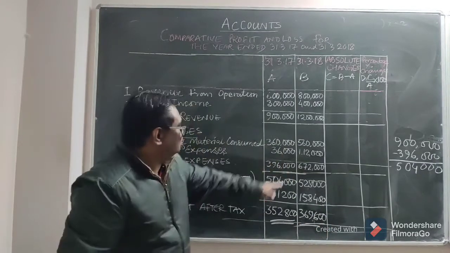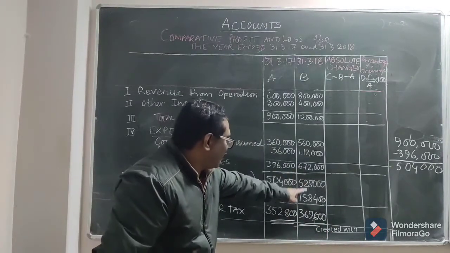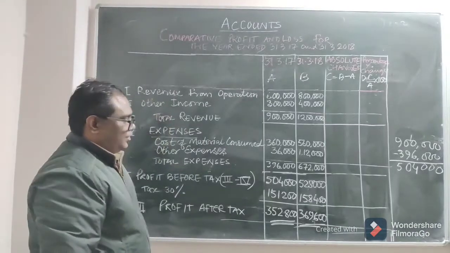So this is the profit after tax, profit before tax minus tax.